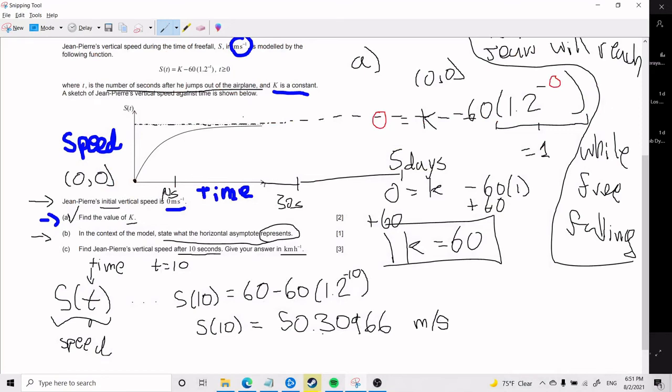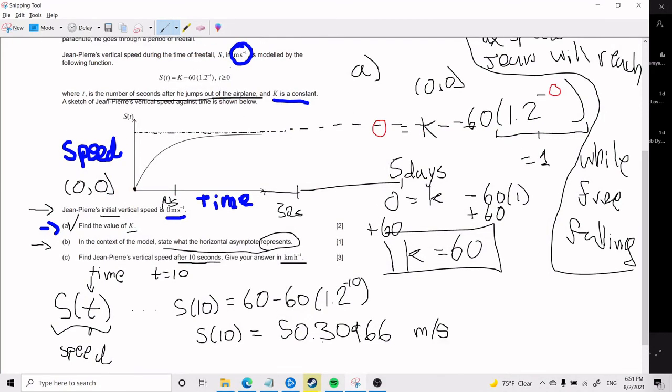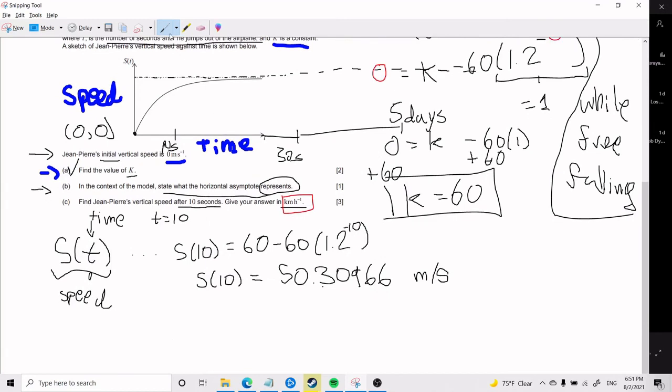And this is meters per second. Okay, it's very important to notice that here in the problem, they tell us that the vertical speed during the time of the free fall is in meters per second, and they want the answer in kilometers per hour. Okay, and so here we need to work around with units a little bit.